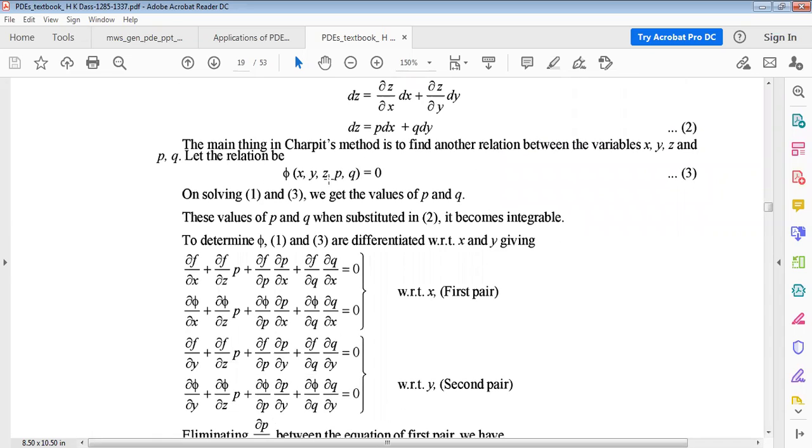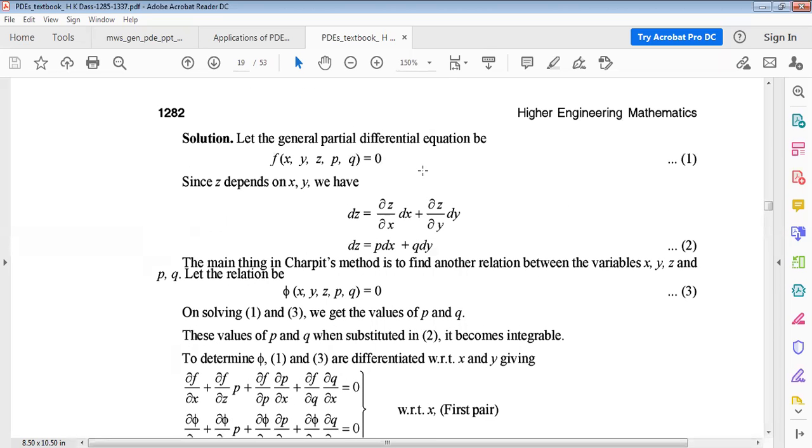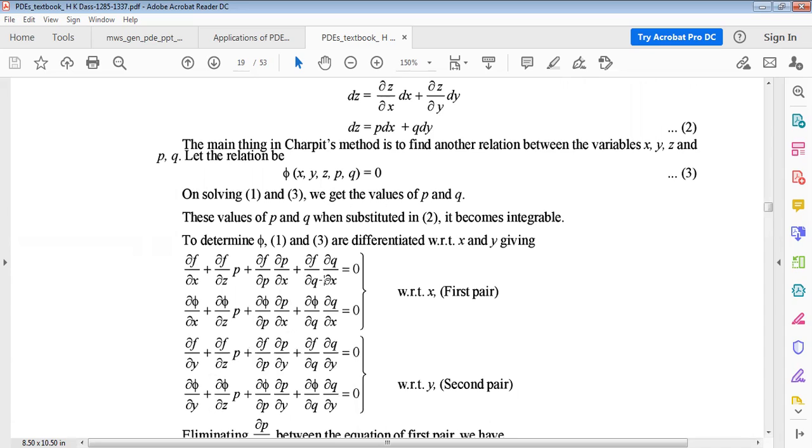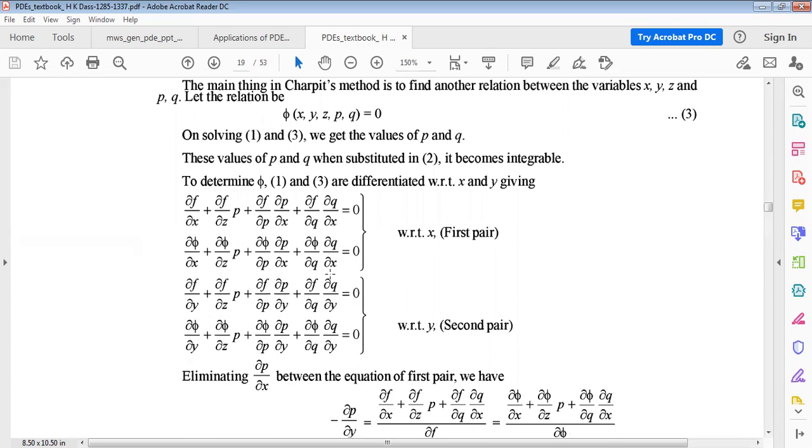This is actually 5 unknowns here. Phi, a function of the 5 unknowns, equals 0. Now on solving 1 and 3, this is equation 1 and this is 3. Same unknowns, but this is f and this is phi. Remember it. This is taking partial differentiation with respect to x, from 1 and 3.